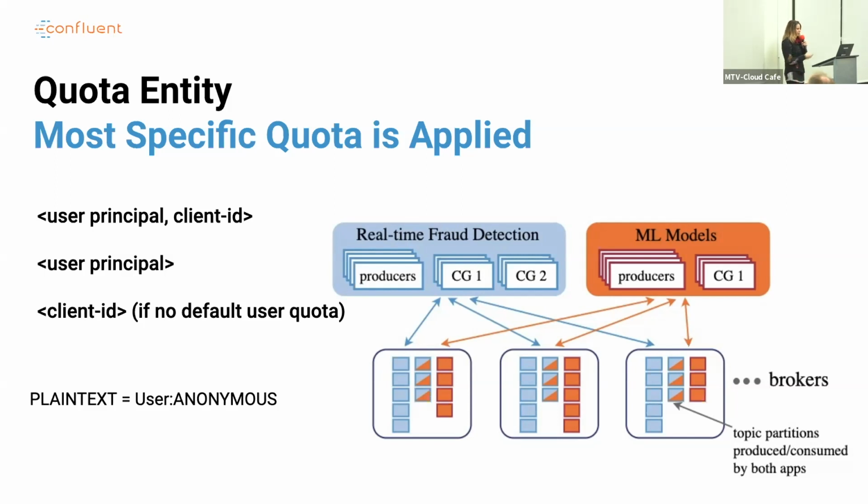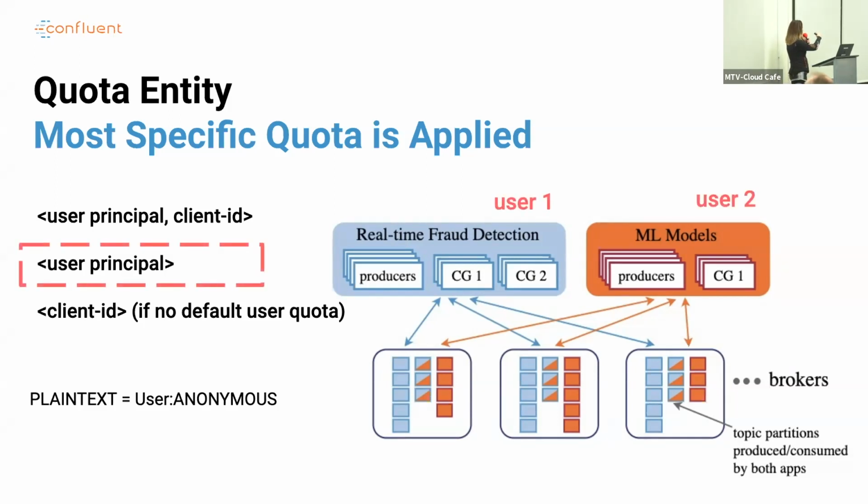So for example, if you had those two applications and wanted to allocate different quotas for them, if you have security, you can have different user principals and allocate for each of them. If you don't have any security, every user is plain text, so that's why you have the option to allocate quota for a client ID.